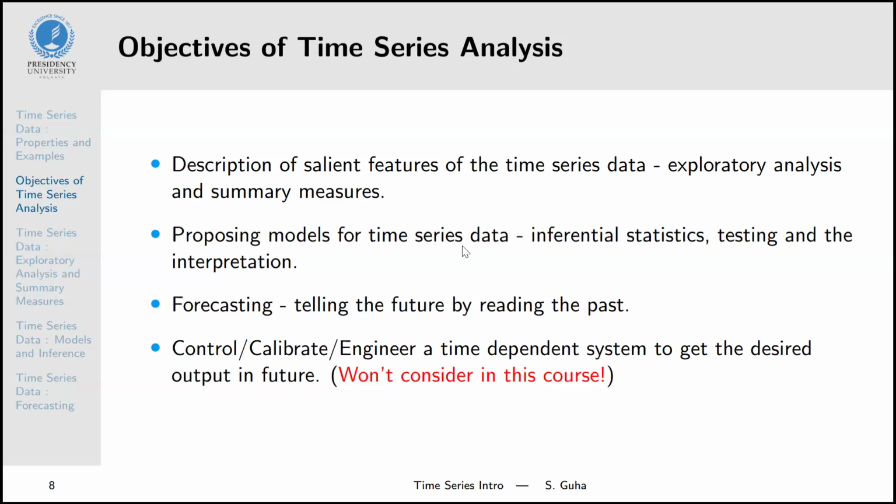Suppose you calibrate a particular machine to a particular starting point, and then after one day it will reach a position. Now suppose you see after one day that the position falls outside of the specified level that you want to achieve. Then you can do some calculation based on time series analysis.